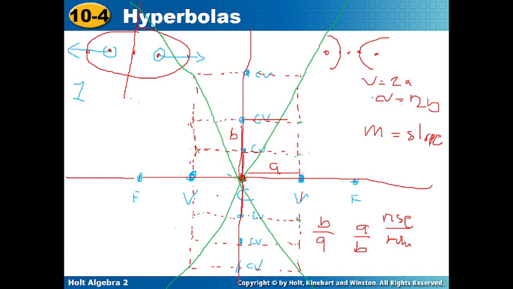So how is that so? So are you telling Sir Jai that your vertices are in here and your co-vertices are in here? Yes po. So in that case, your graph would be facing upwards or downwards po. All right, so that's how.